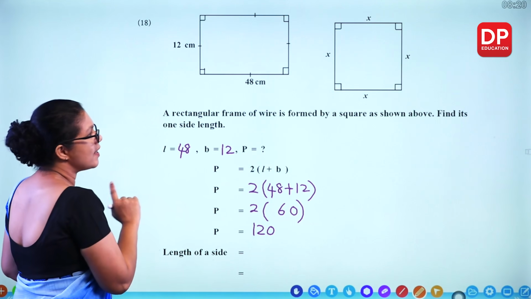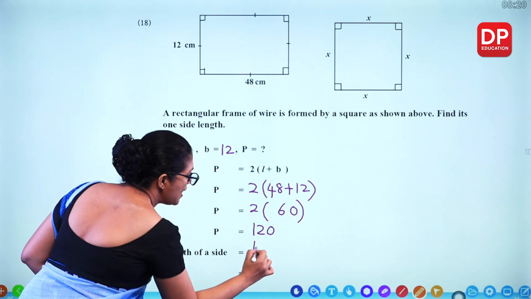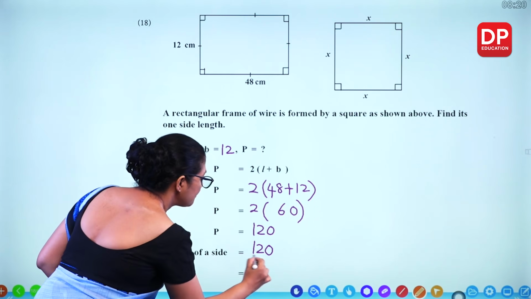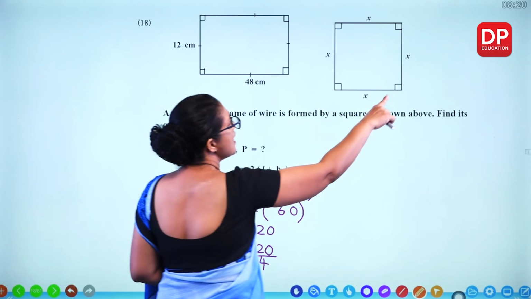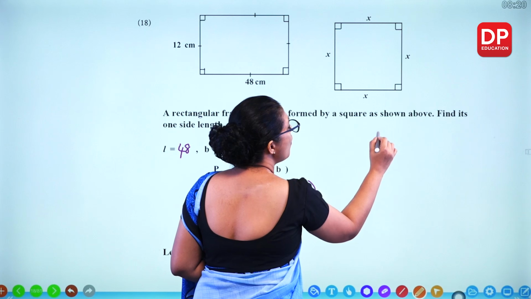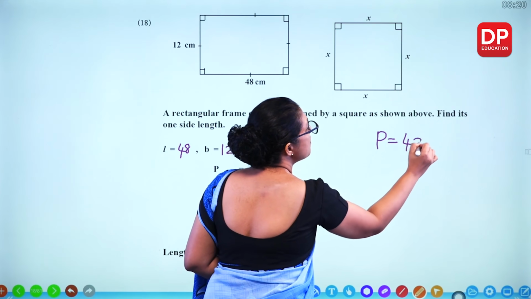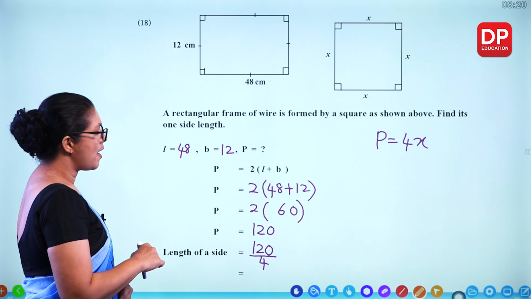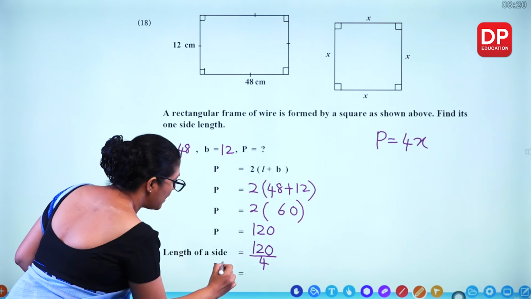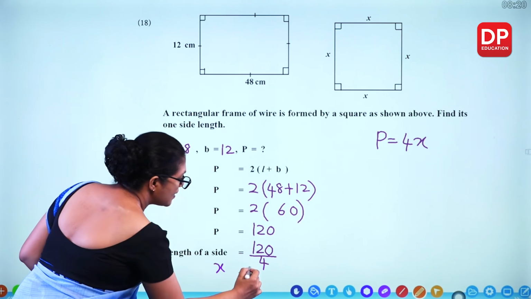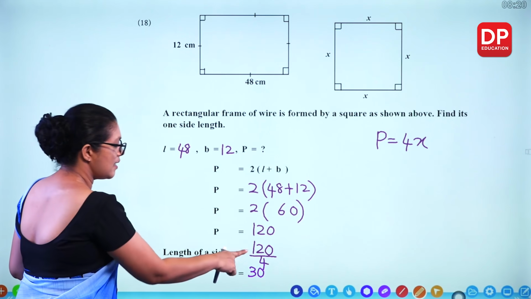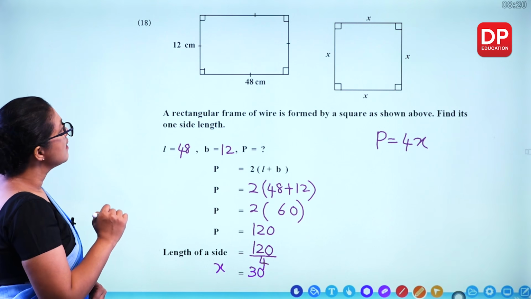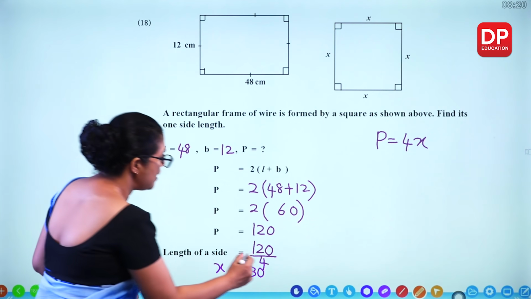So the length of one side is the perimeter divided by 4, because all these sides are equal. 4x is the perimeter of this square. So divide by 4, you can find the length of one side x. That's 120 divided by 4, that's 30. What's the unit? Centimeters.